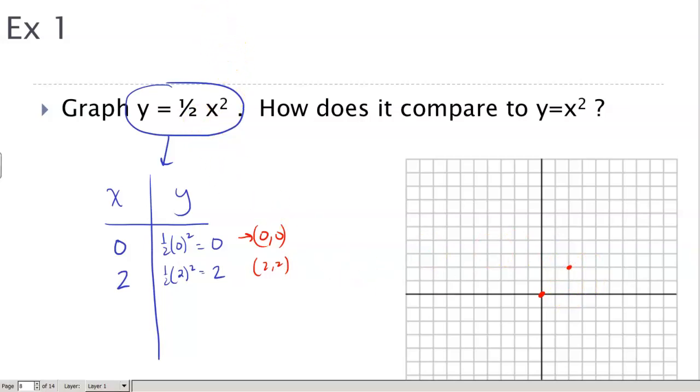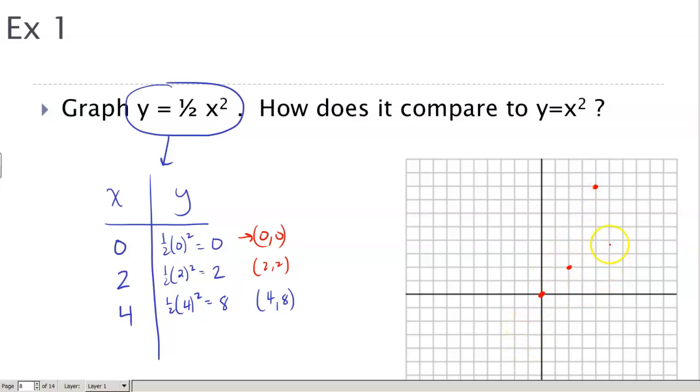And let's go ahead and plug in 4. If I plug in 4, I would get 1/2 times 4 squared, which is 8. So I'd also have the point (4, 8). So we have that right there.